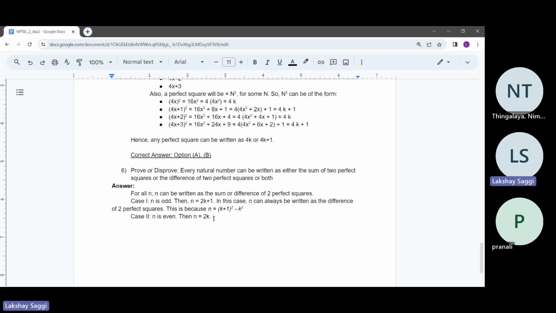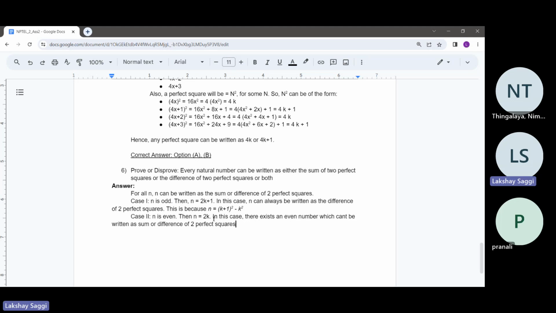So my claim here is that in this case, there exists an even number which can't be written as sum or difference of two perfect squares.